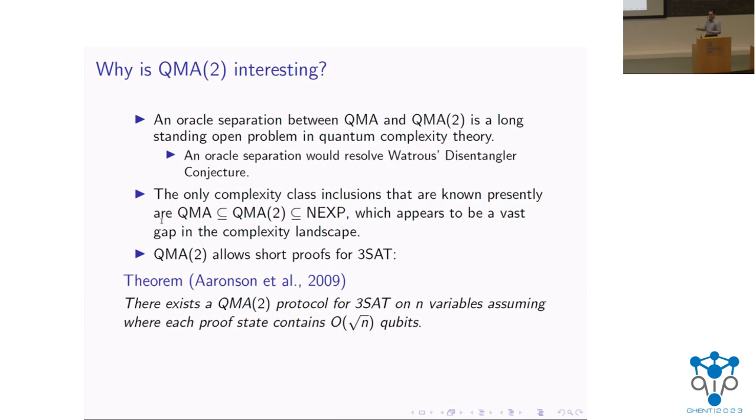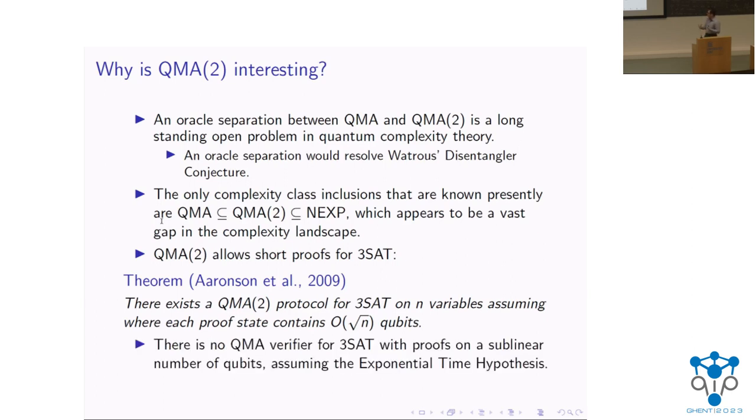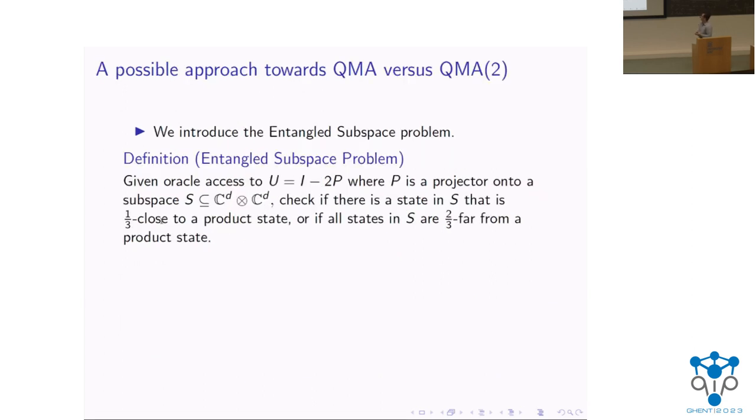So if you promise me that the proof is going to be disentangled, there's a square root of n sized proof. And there's no way that you could have that short of a proof, assuming the exponential time hypothesis. So, I guess the state of the field is we kind of think QMA2 is its own thing, but no one knows how to prove things about it.